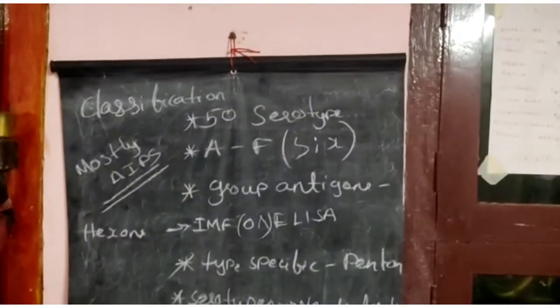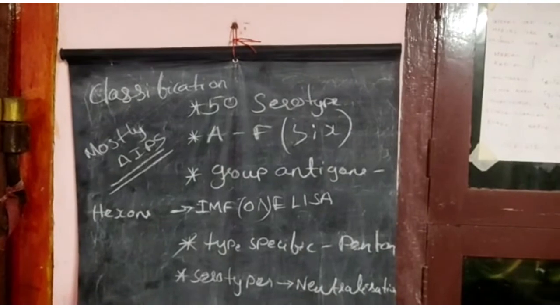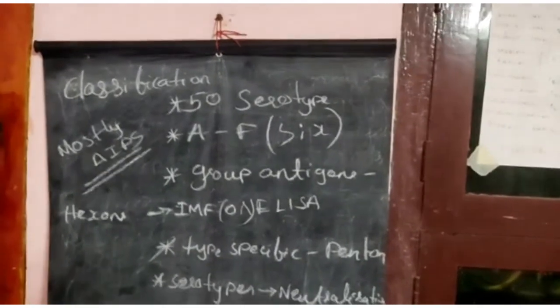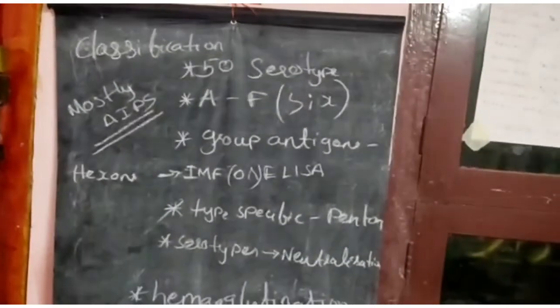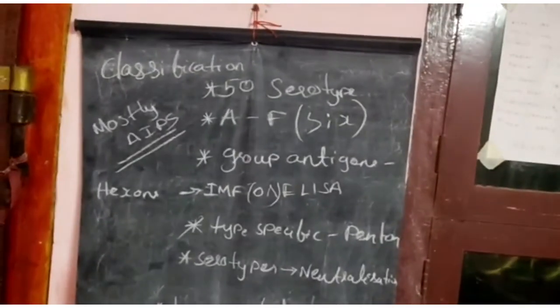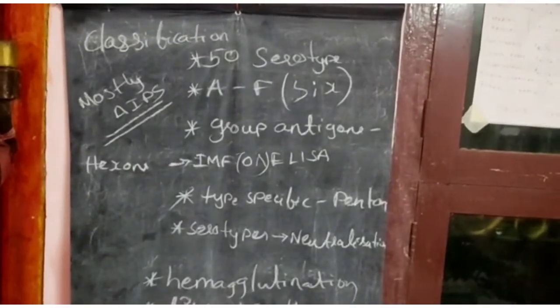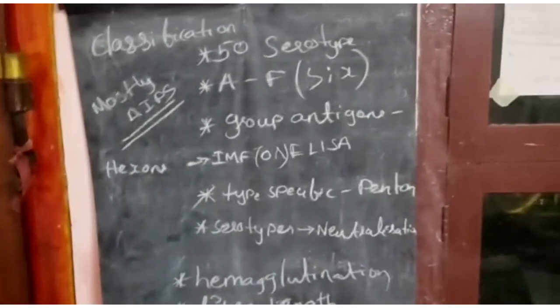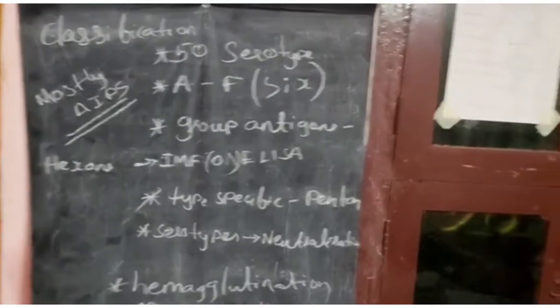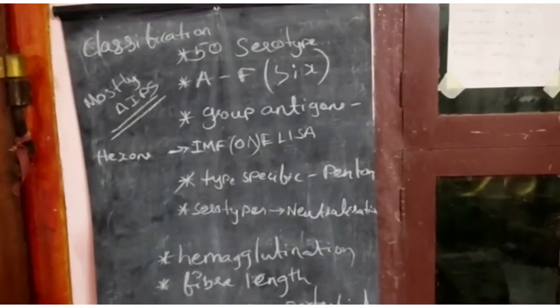Now go to the classification. Over 50 serotypes have been isolated from human sources. Most of them are isolated from patients who have AIDS, and they are divided into 6 groups from A to F. The group antigens are present on hexons. They are detected by immunofluorescence or ELISA test, and the type specific antigens are present on pentons.